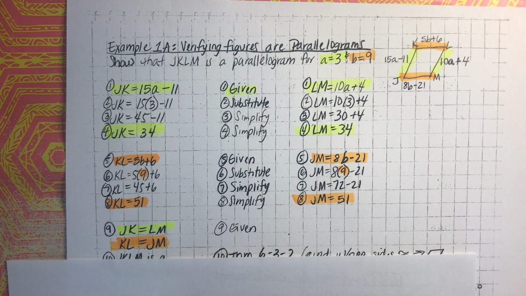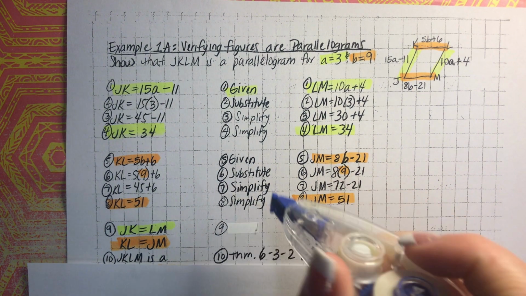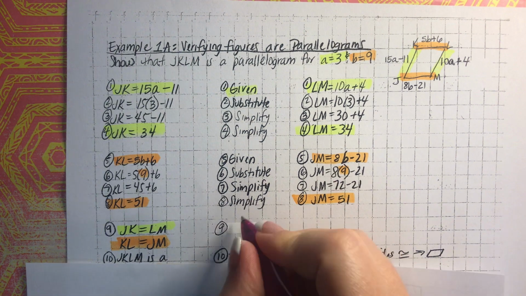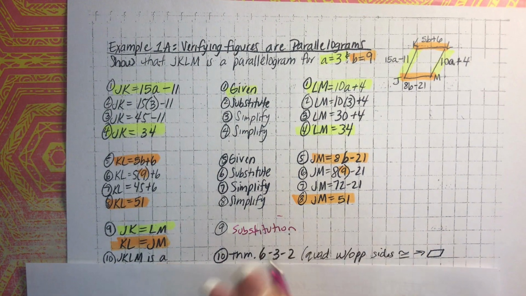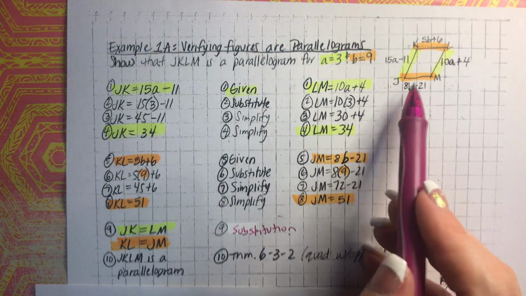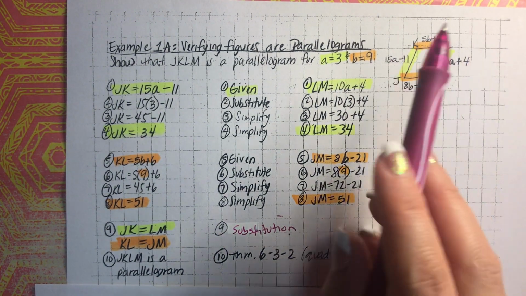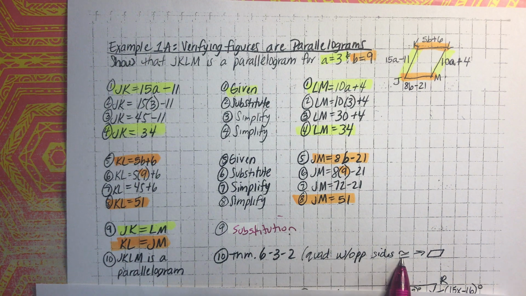I'm going to say this reason is not given, so let's just say it's substitution. Okay, and then boom, because we have those opposite sides that are congruent, we can state that JKLM is a parallelogram because of theorem 6.3.2: a quadrilateral with opposite sides congruent is a parallelogram.